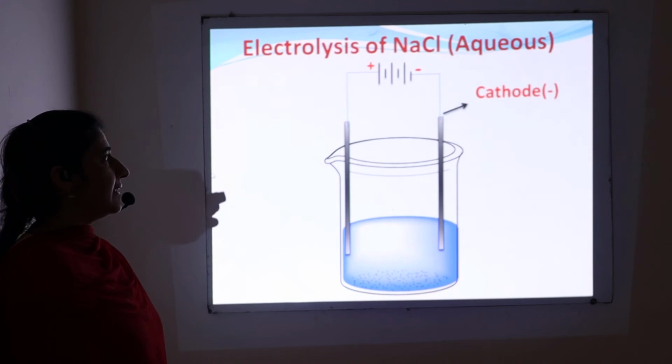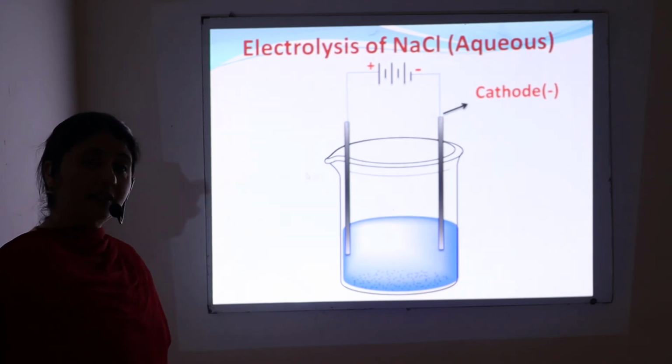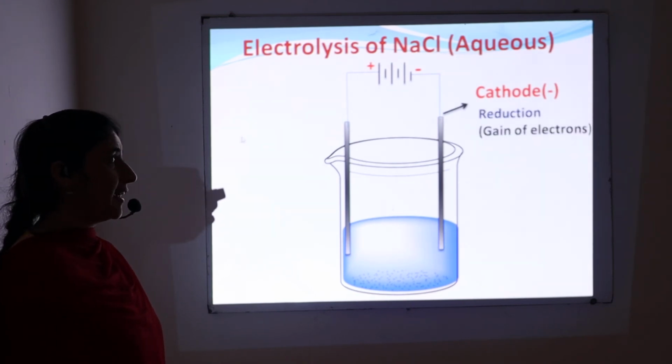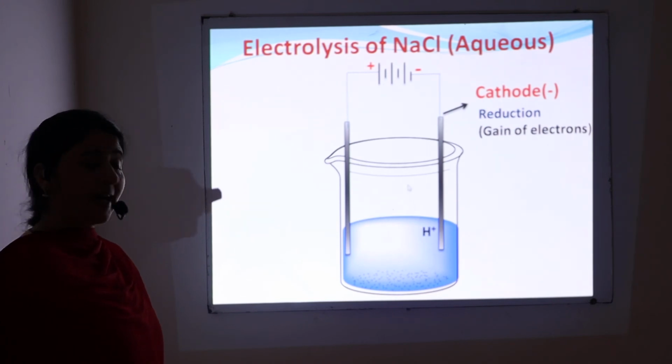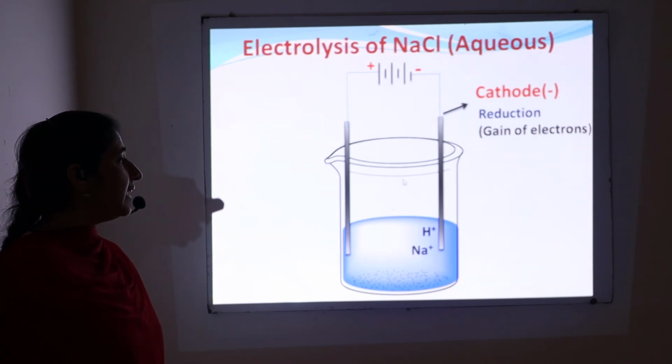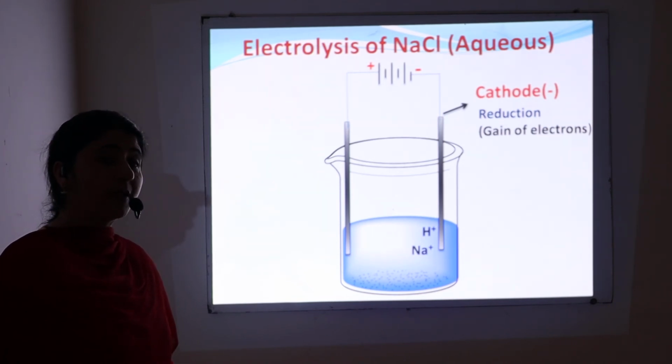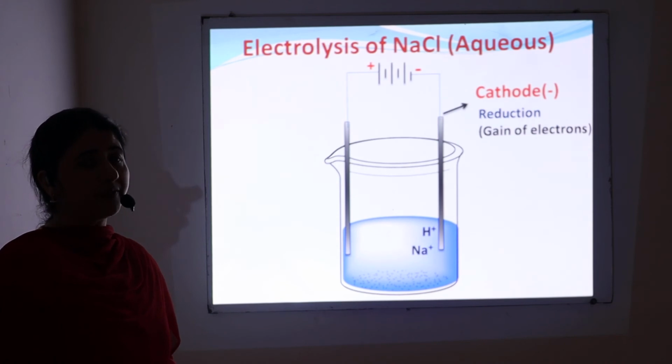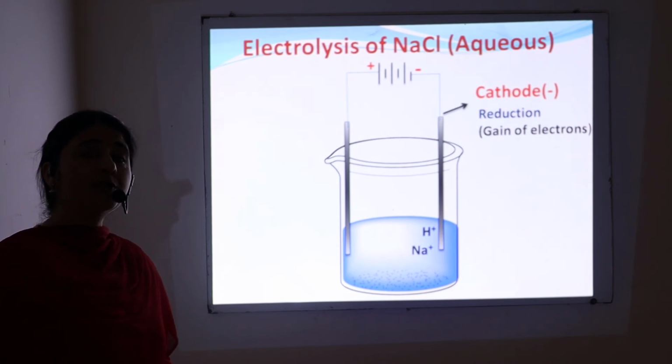As we know, at the cathode reduction takes place, meaning gain of electron. At the cathode we have two types of ions, H positive ion and sodium ion. But out of these two, only the H positive ion gains electron, not the sodium ion, because the reduction potential of H positive is greater than that of sodium ion.